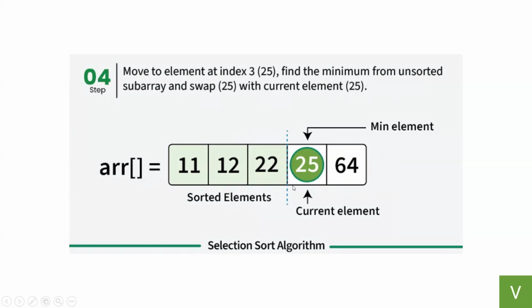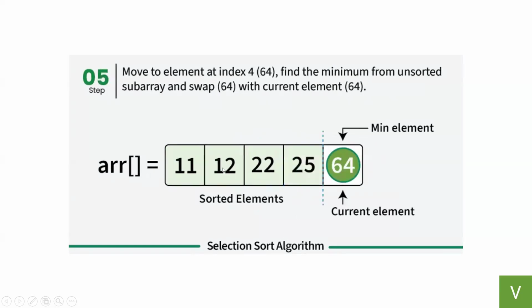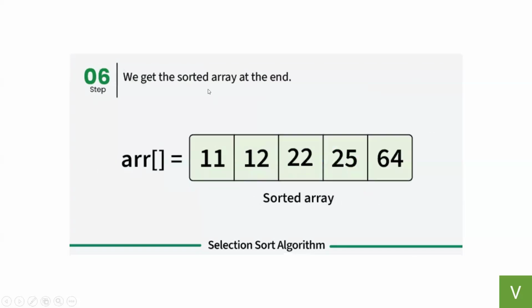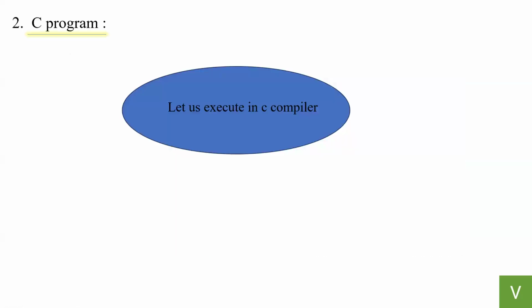That is, it is in the correct position. And finally, step 5, swap 64 with the current element 64. So now a total of 5 steps are completed and no more iterations are possible. So now we will get this sorted array at the end. This is the sorted array: 11, 12, 22, 25, and 64. So this is about the selection sort algorithm.